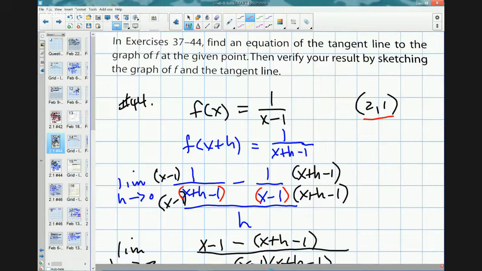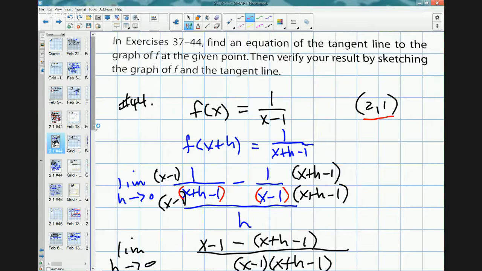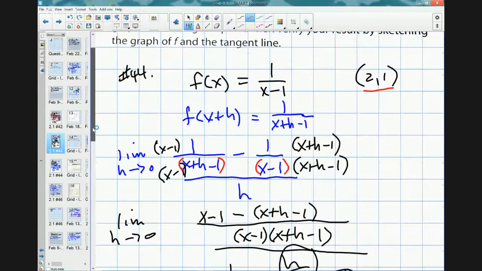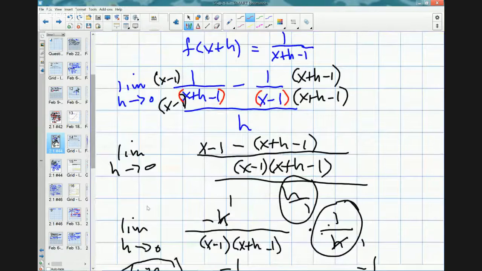I'm going to just get rid of this cover-up thing. And now let's scroll down a little bit. Okay, so now in the next step, and this is maybe getting a little sloppy, we now will have this common denominator of x minus 1 times the quantity x plus h minus 1.